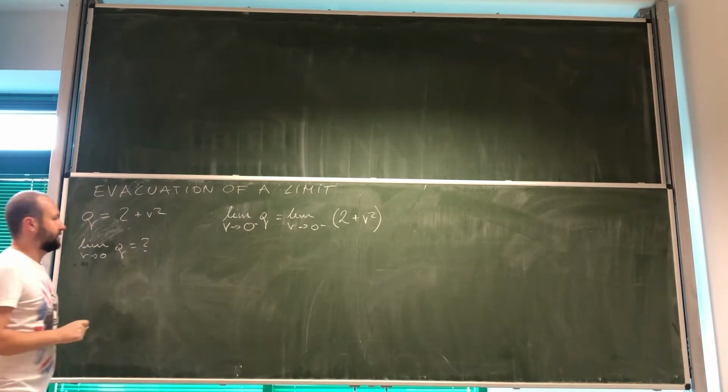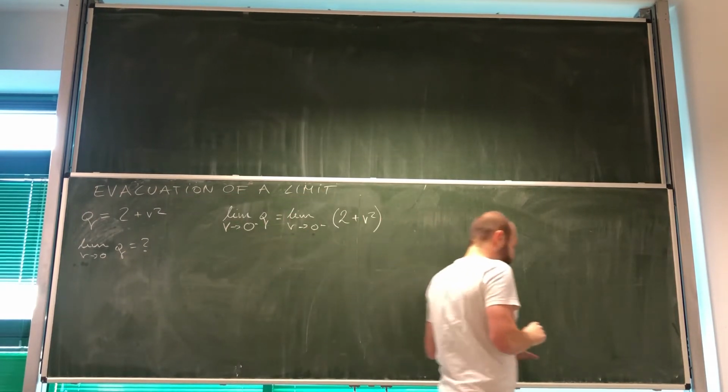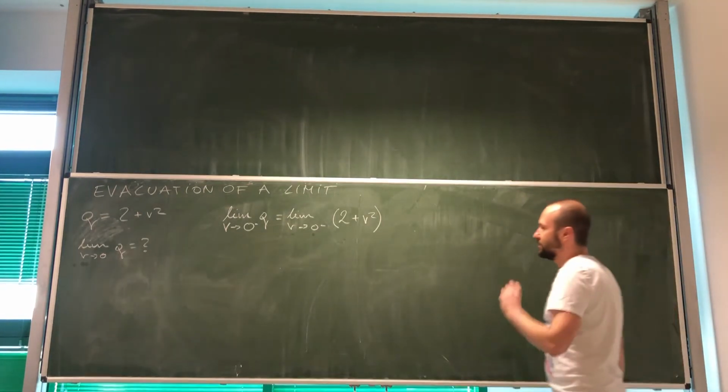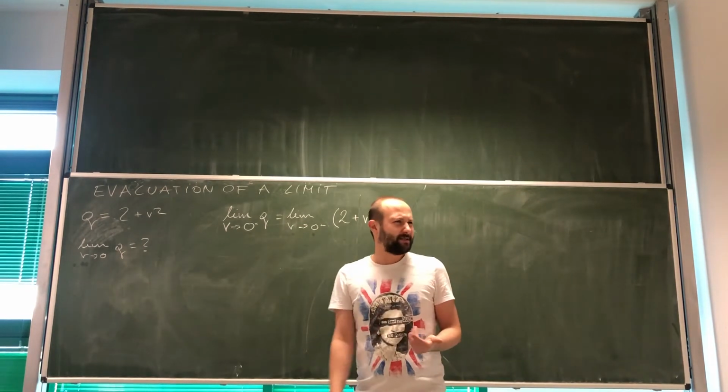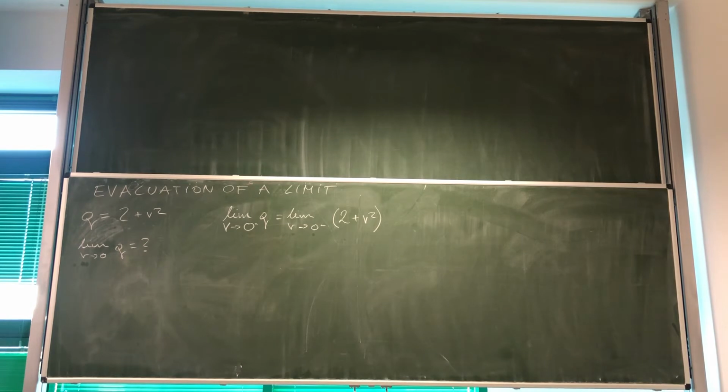Now, let's consider what it means if v approaches 0 from the left-hand side. Look, we said that v is basically getting closer and closer and closer to 0, but from the numbers that are lower than 0.